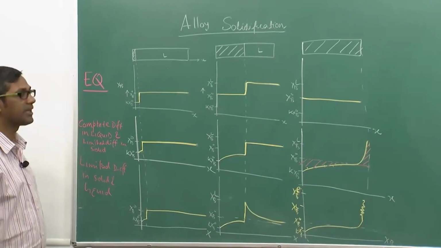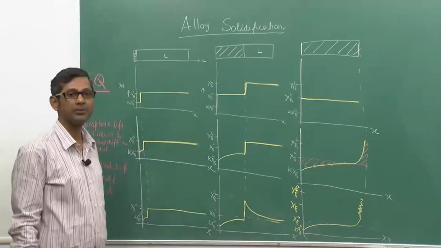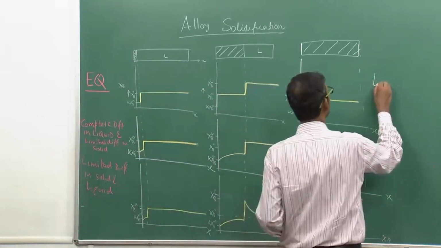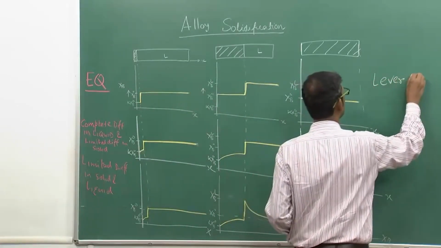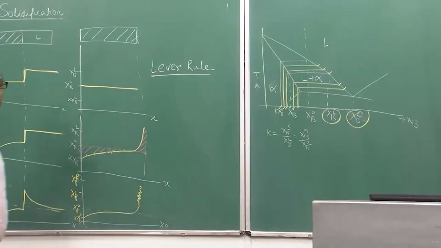So, now question is this, for solid distribution of such a kind of stuff we can easily use a lever rule, okay, the equilibrium situation. Lever rule can be applied. So, what is the lever rule?